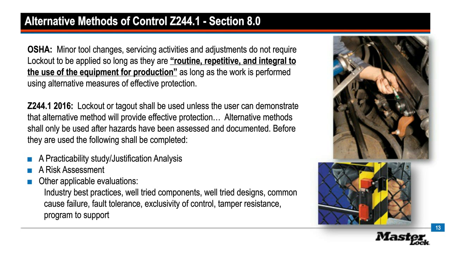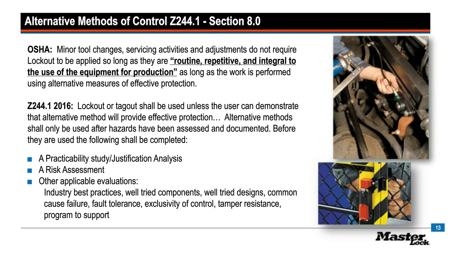As part of the risk assessments, we'll take a look and consider what have we learned from industry best practices? What are well-tried components and proven methodology, well-tried designs? Have we looked at common causes of failure and factored that into our risk assessment? What is the exclusivity of control? We may come up with an alternative method, but does it protect each and every person involved in the task?